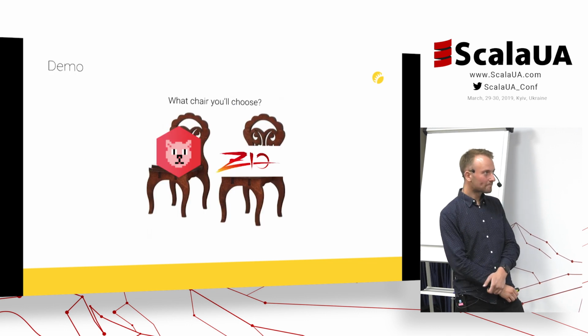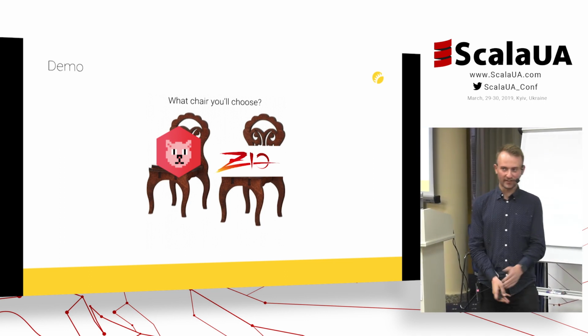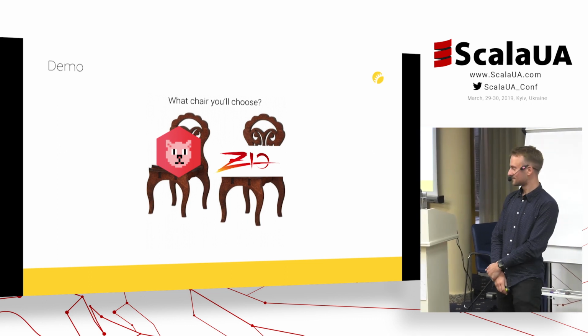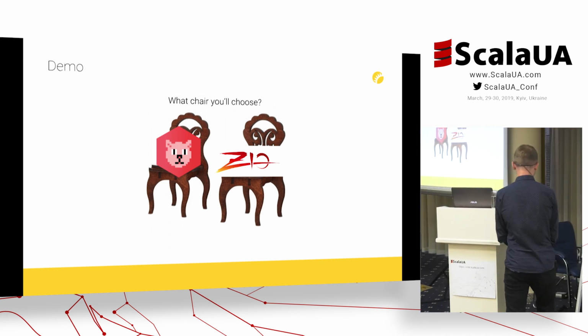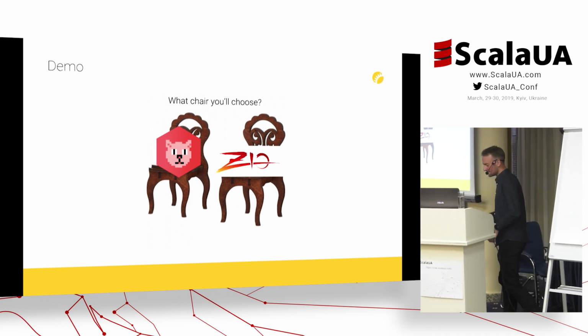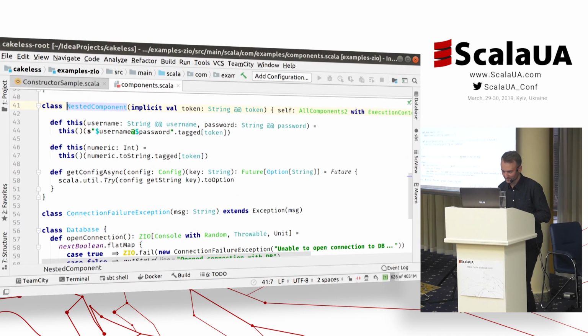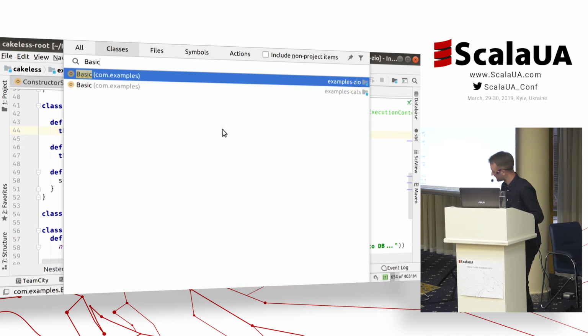Yeah, and it's demo time. So let's vote. I have both cats and the IO implementations. Which one to show? Okay. So back to idea. Where is the mouse? Let's start with basic one.